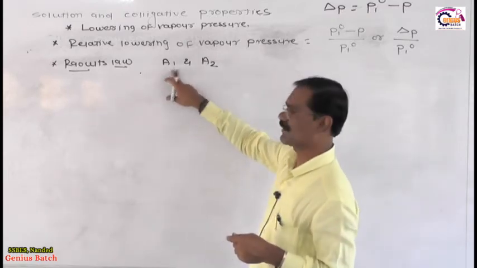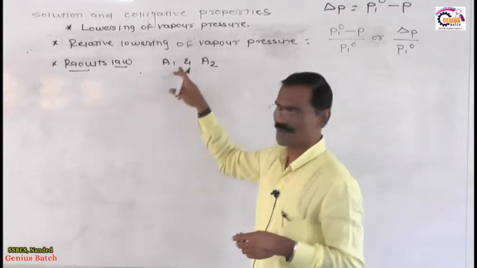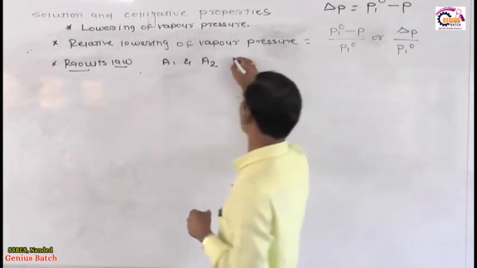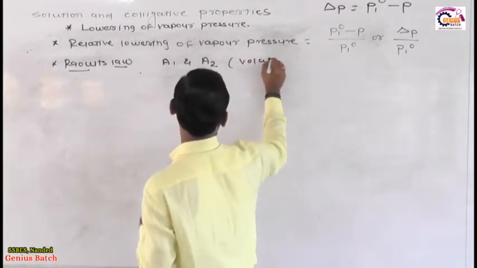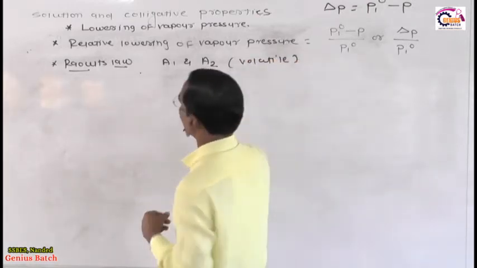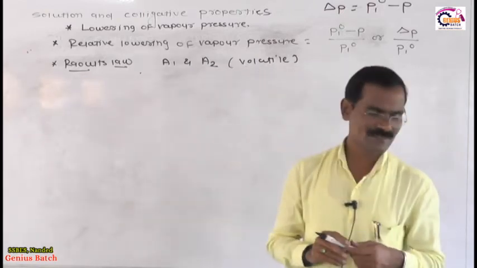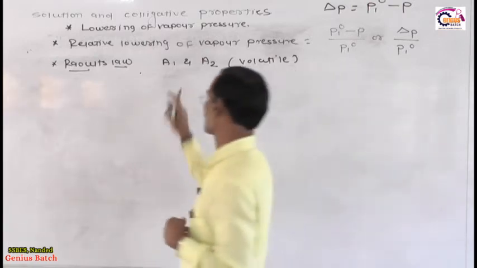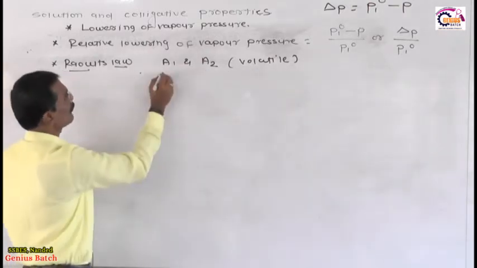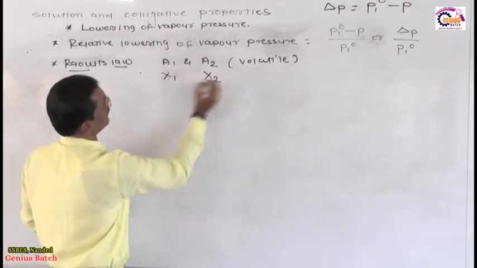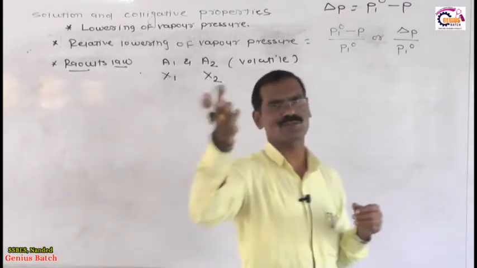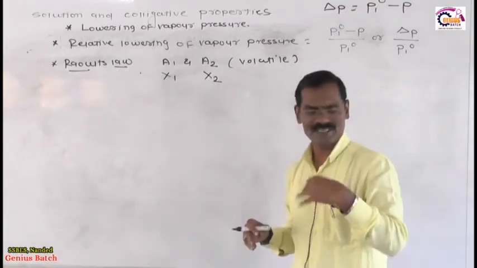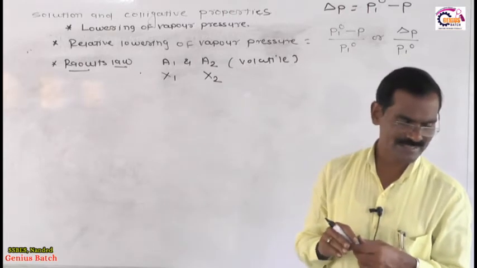Suppose A1 is a solvent, A2 is a solute, and we are mixing these two components together, and both are volatile, because if they are volatile, then we discuss the pressure concept. Then the mole fraction of A1 is x1 and the mole fraction of A2 is x2. You know mole fraction, that is a concentration term, we already discussed in the previous videos.